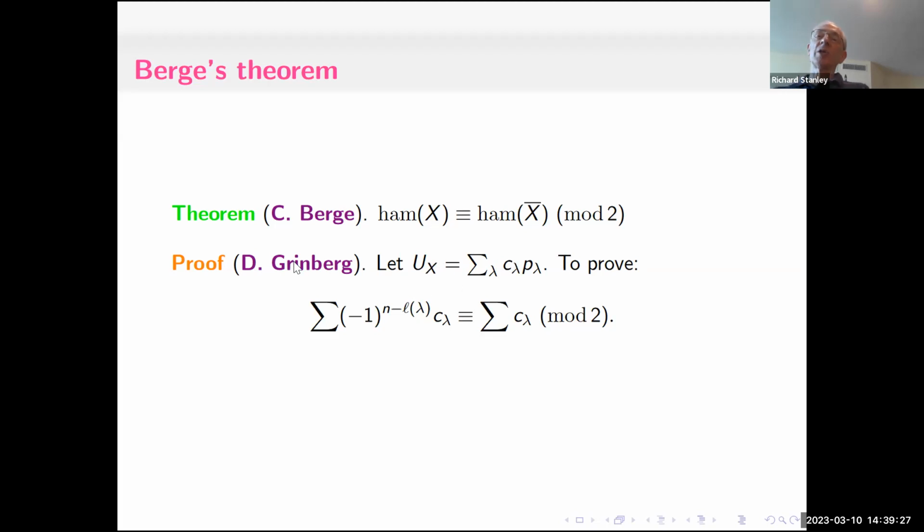Well, this is an observation of Darij Grinberg: if UX is the sum of c_lambdas, then our interpretation of ham X and ham X bar amounts to showing that these two sums are congruent mod 2, which of course is trivial because the sign (-1) to the N minus l(lambda) is congruent to 1 mod 2. So the theorem is immediate.